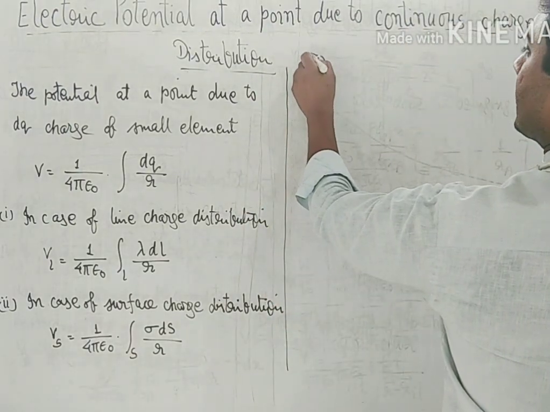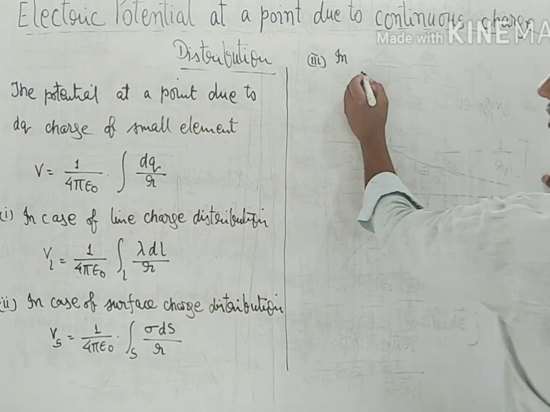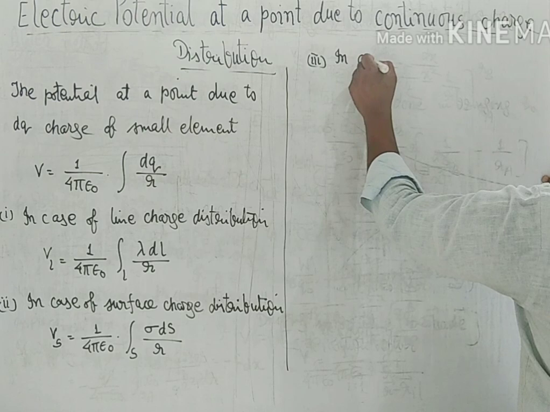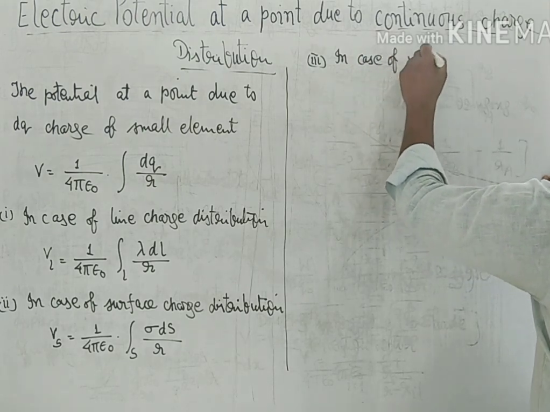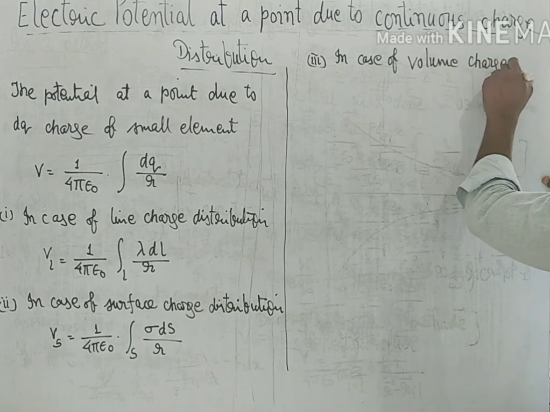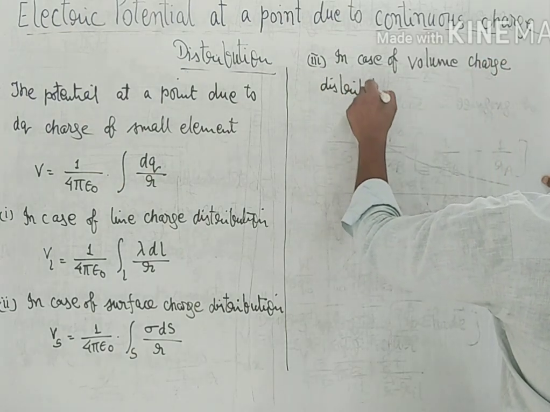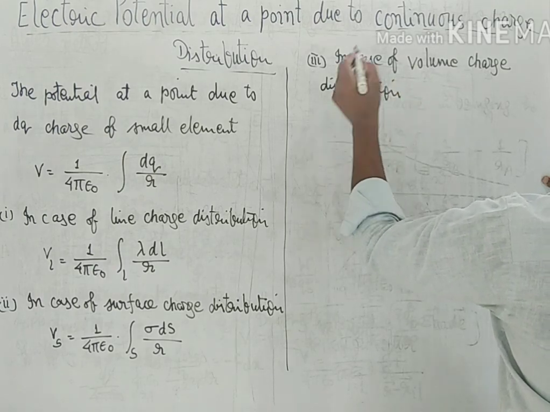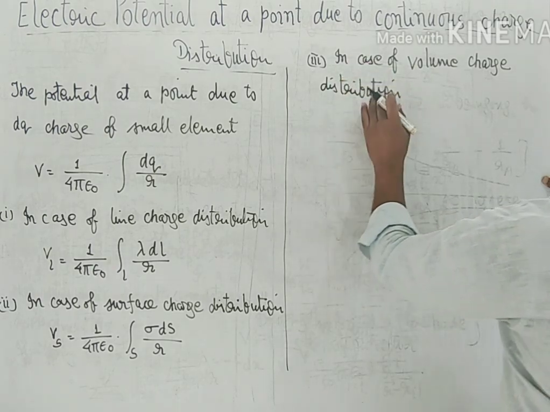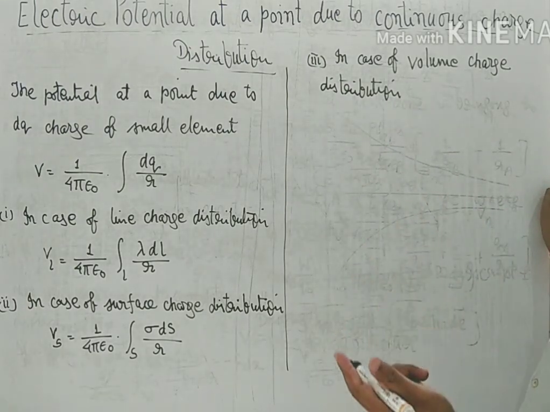Now for the third case, if the charge distribution is given to be volume. In case of volume charge distribution, the volume charge density is taken as rho.